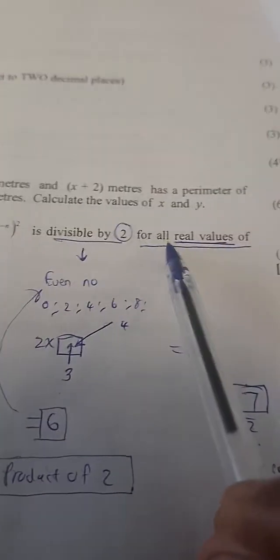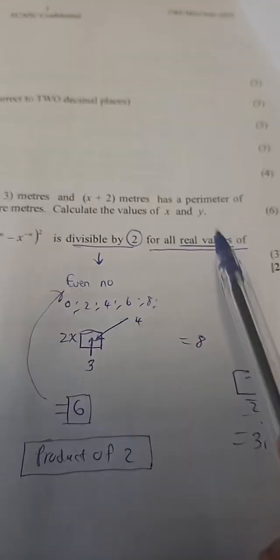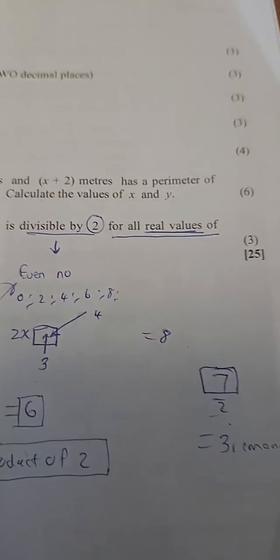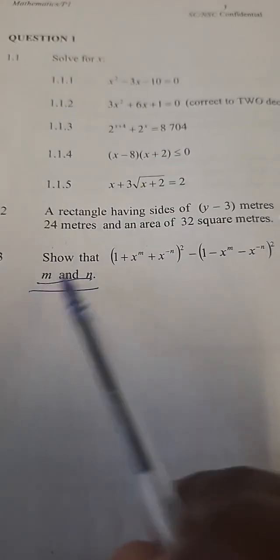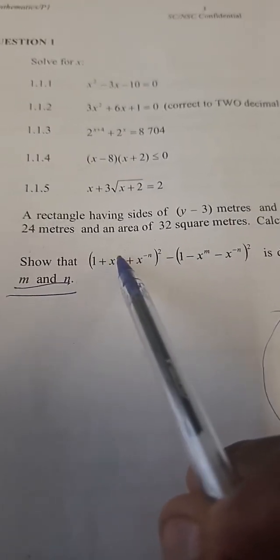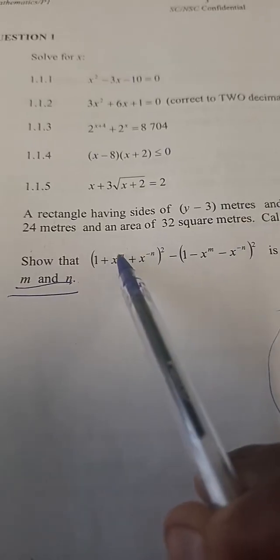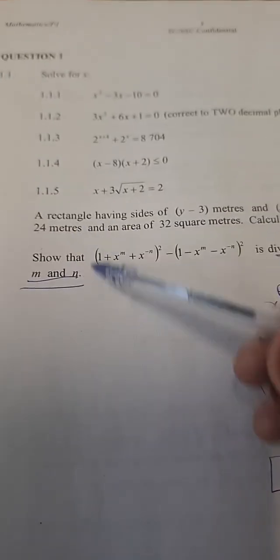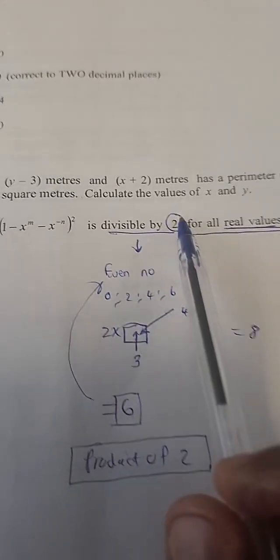Then they are saying, show that this is divisible by 2 for all real values. What does that mean? Real numbers are all the numbers that are on the number line. So what they are saying is that for all real values of m and n, it doesn't matter what real number I substitute here, at the end of the day, this whole entire thing should still be divisible by 2.